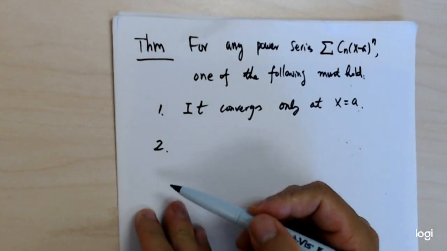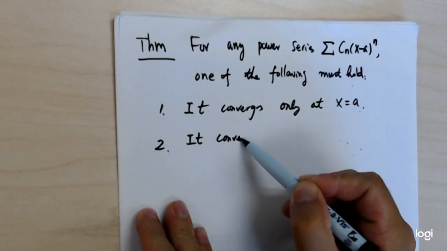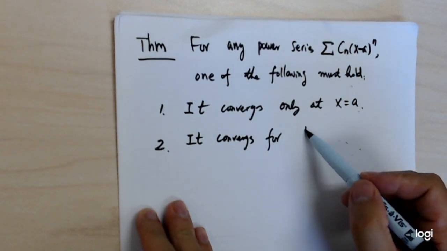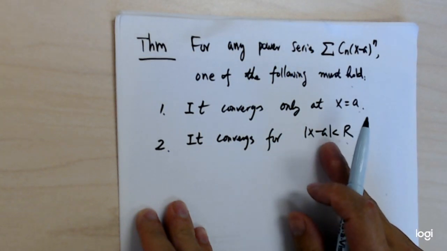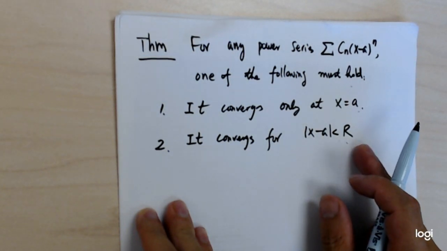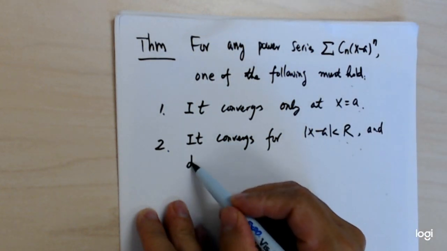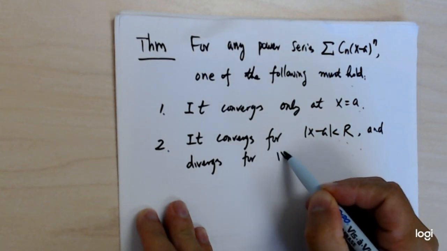Number 2, and this is the scenario we see from the previous example, the series converges on some interval, where x minus a is less than some constant, and diverges outside.